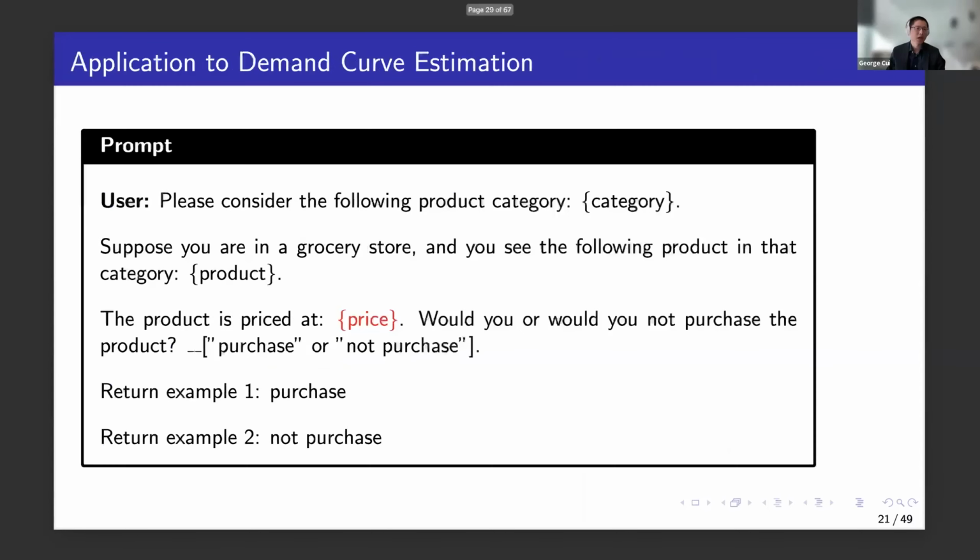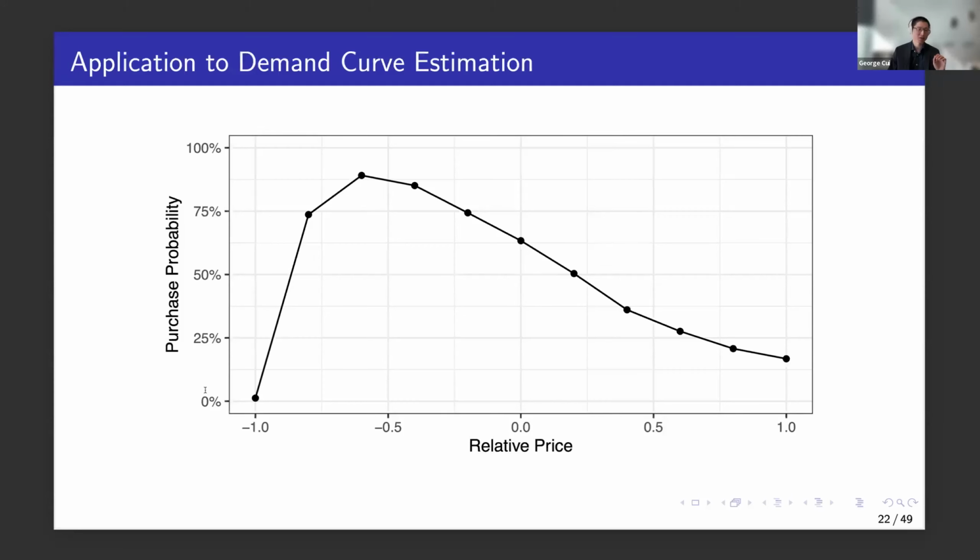Thanks. So now what's going to happen to the estimation of the demand curve given these potential unintended assumptions? Again, here we are asking what the purchase decision is given price. We do not ask about other unspecified variables, and this is the result. When the price is very low, GPT's simulated purchase decision is almost 0.